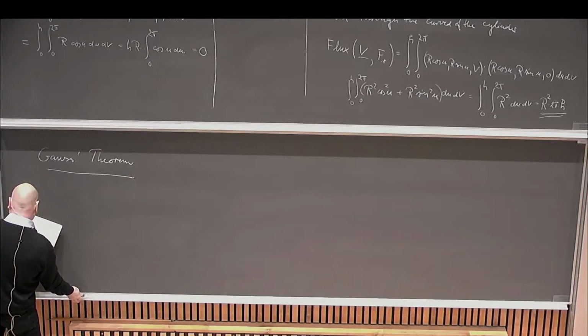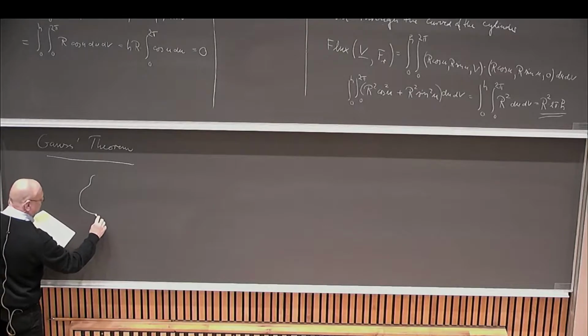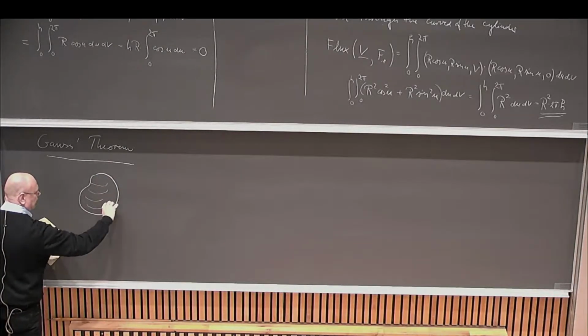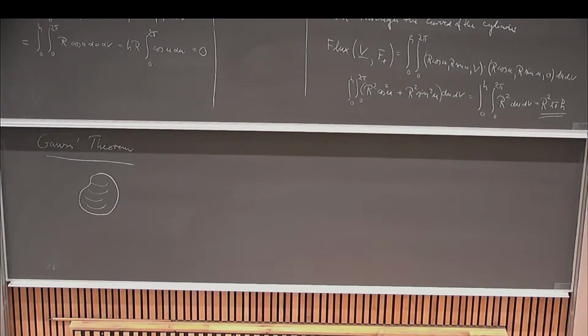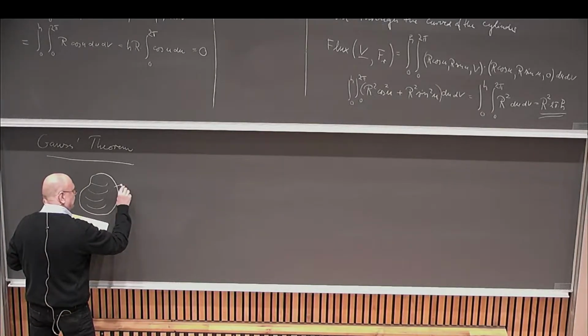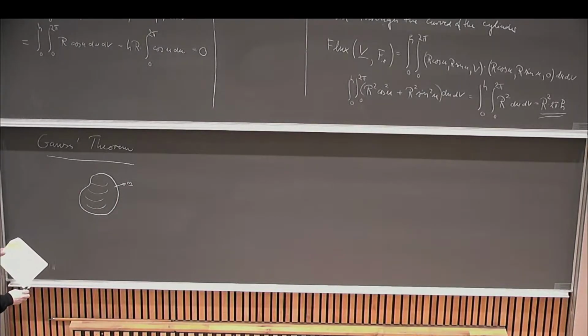Say we have a solid. I depict it in this way. It could be whatever. And it is defined with a unit normal vector, and we are given the usual coordinate system.